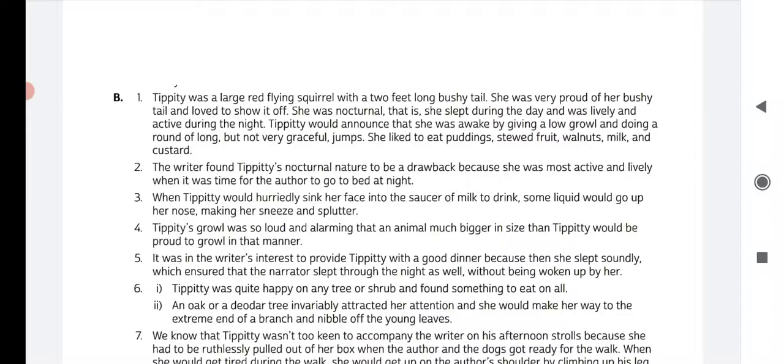That is why he said it was a drawback. I repeat, the writer found Tippity's nocturnal nature to be a drawback because she was mostly active and lively when it was time for the author to go to bed at night. If anyone is disturbing us in the night, obviously we say that is a drawback.